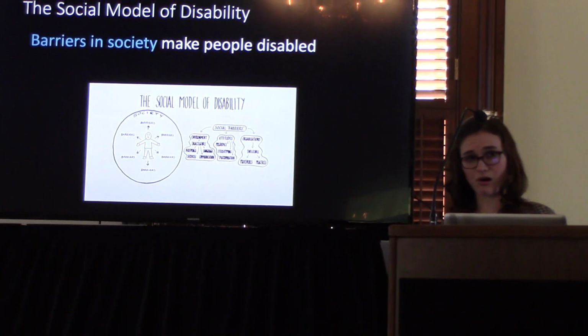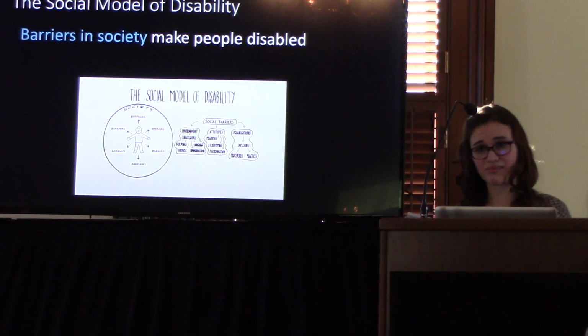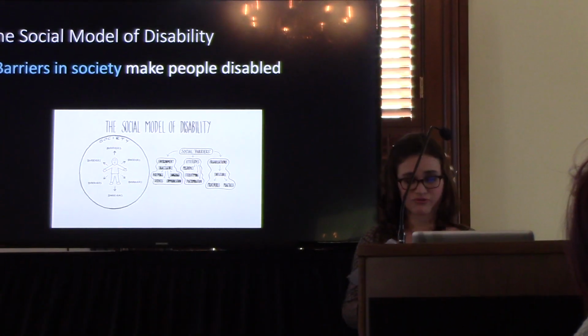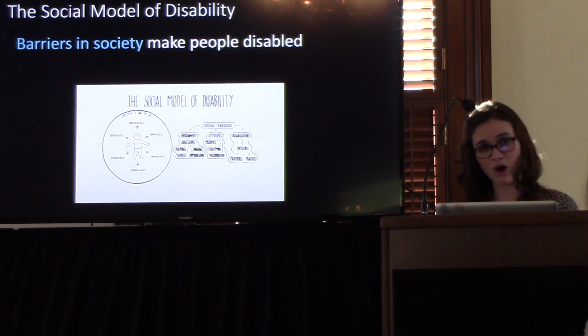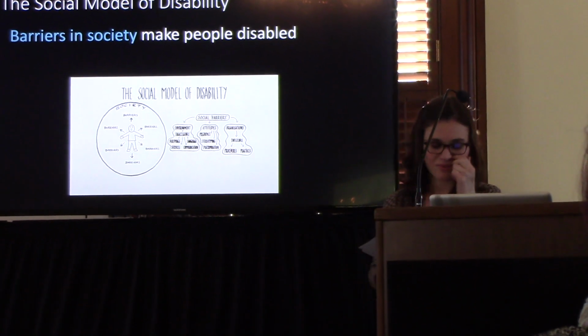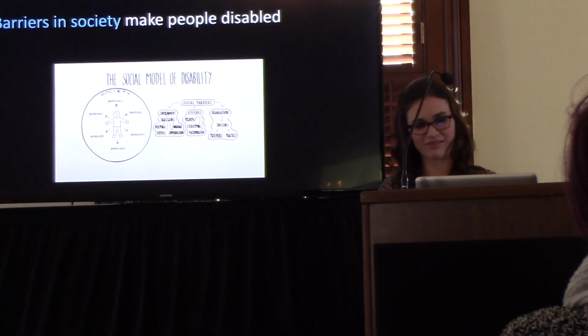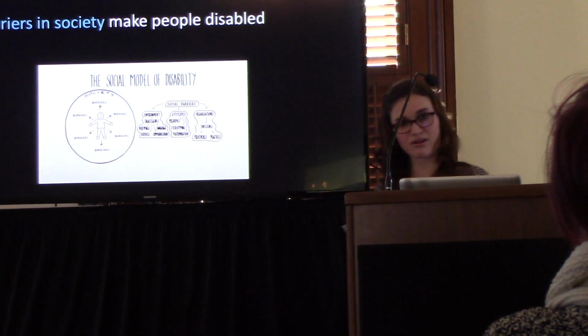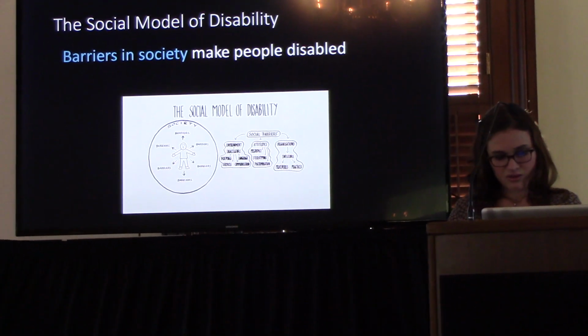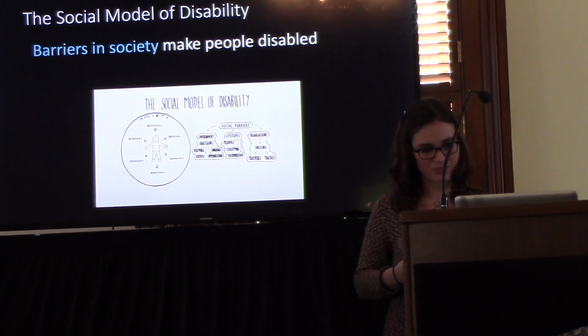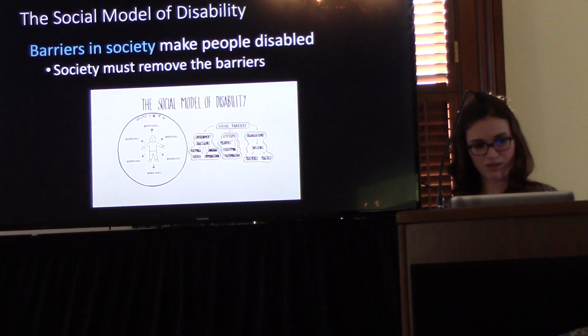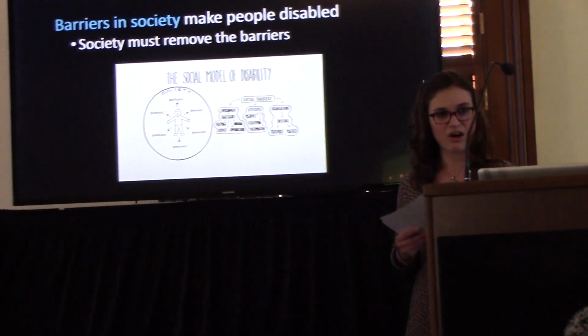Here are some key terms and theories that help to guide my research. The first one is the social model of disability. The social model of disability says barriers in society make people disabled. Therefore, it is society's job to remove those barriers.